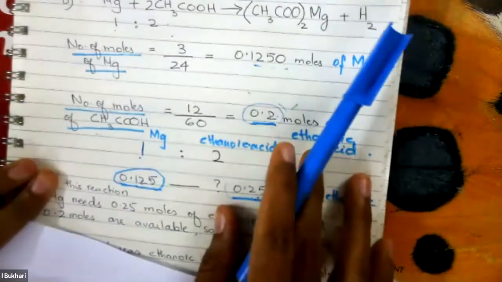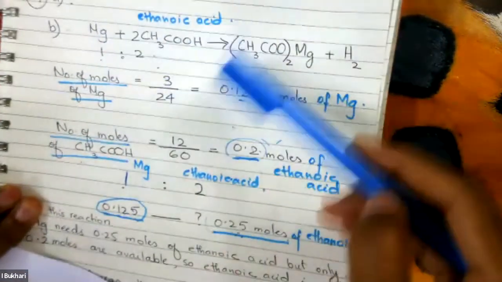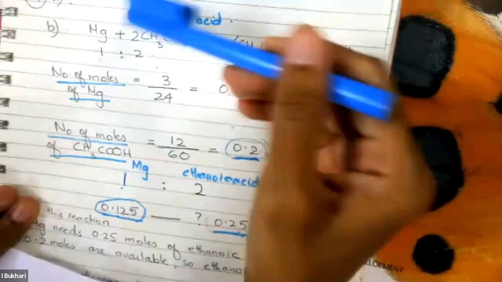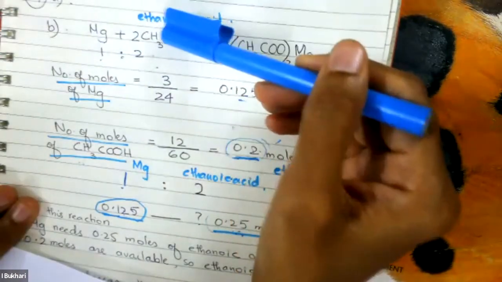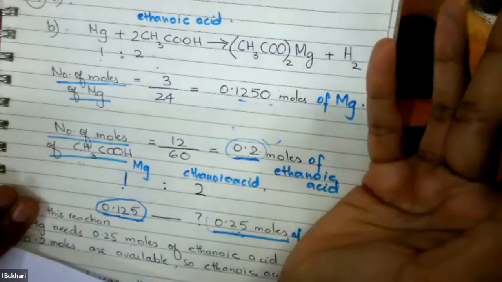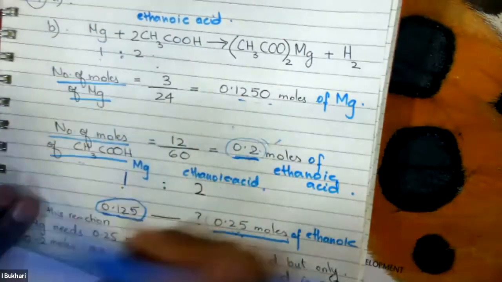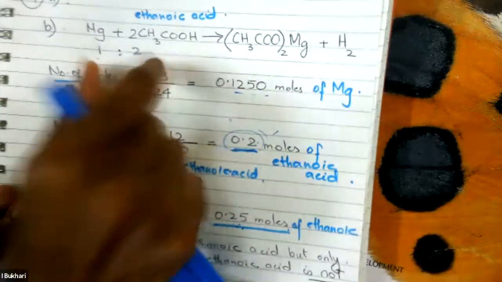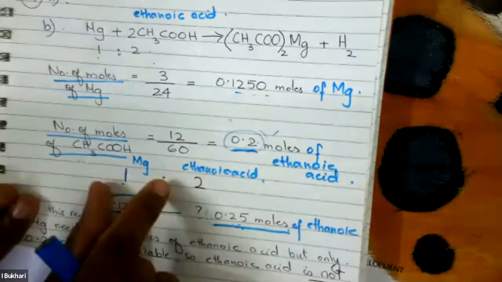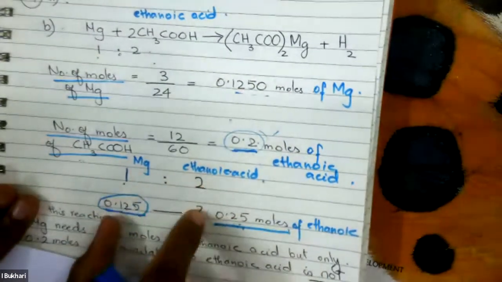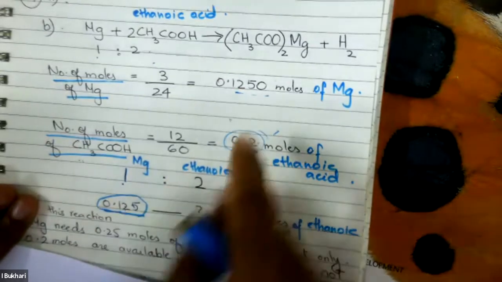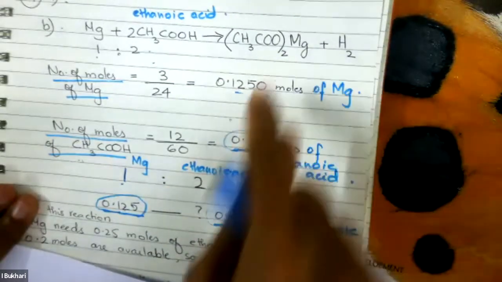You can add these reactants as much as you want, but in what ratio are they reacting? There is a specific ratio. So I want to find out how they are reacting, which one is the limiting factor and which one is in excess.